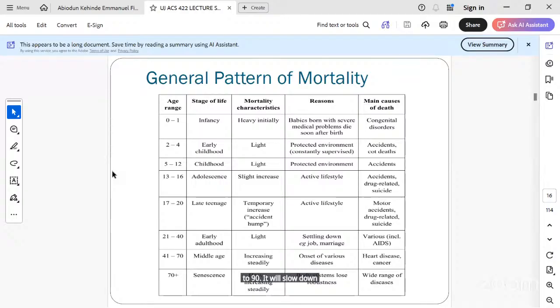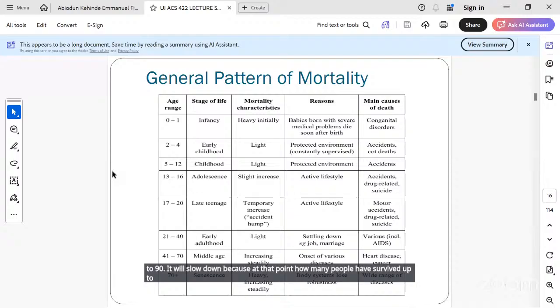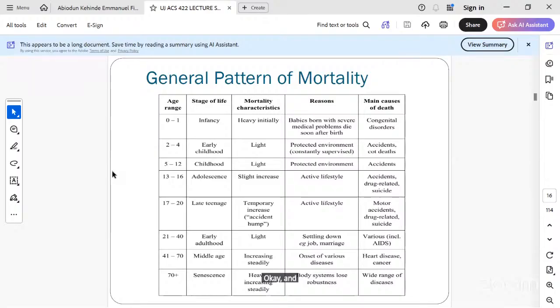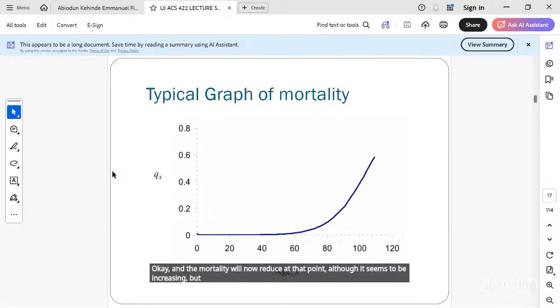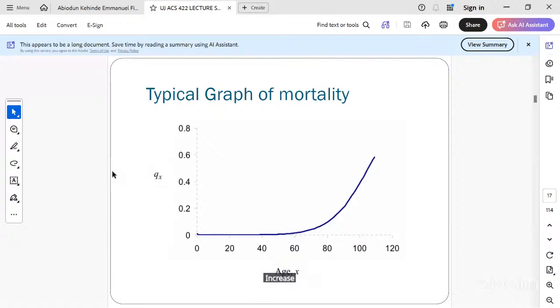Because at that point, how many people have survived up to age 80? How many people have survived up to age 90? So you have them around, and the mortality will now reduce at that point. Although it will still be increasing, at least the rate of increase will have reduced. So this is what I expect each of your graphs to look like.